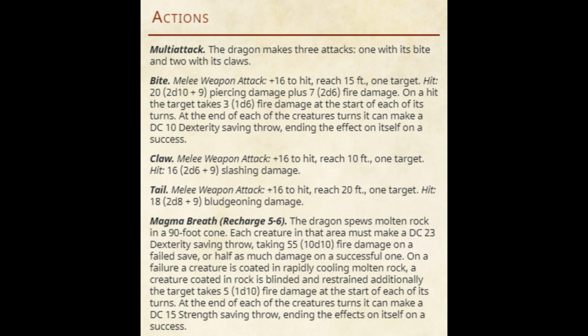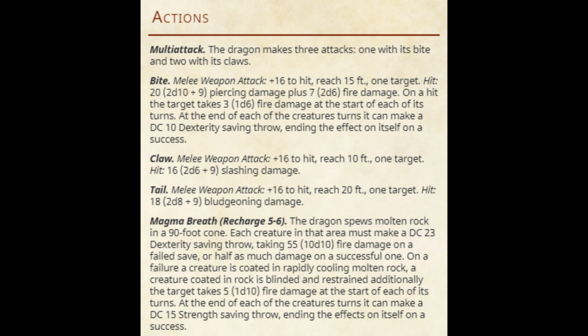The dragon has a magma breath, which is a recharge of 5 to 6. The dragon spews molten rock in a 90-foot cone. Each creature in that area must make a DC 23 dexterity saving throw or take 55 or 10d10 fire damage on a failed save, or half as much on a successful one.